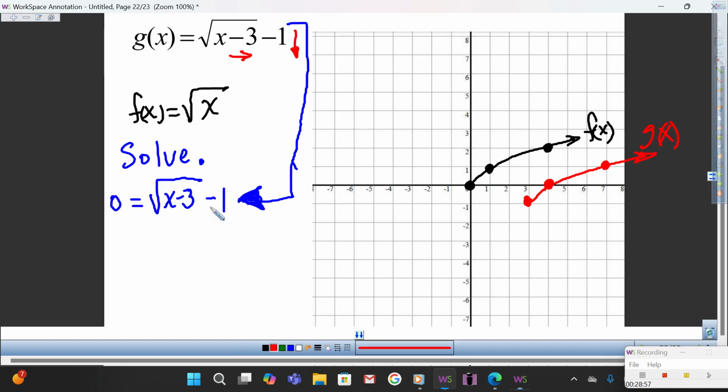So what do I do here to leave x by itself? Plus 1, plus 1. We're left with 1 equals square root of x minus 3. How do I cancel that square root? Square both sides. That is correct. So 1 squared is 1. This cancels that. We're left with x minus 3. And last but not least, how do I leave x by itself? Add 3. Add 3. So my solution is 4 equals x.